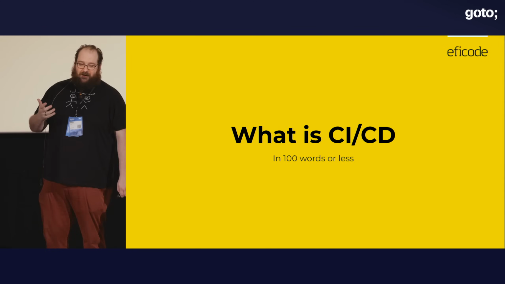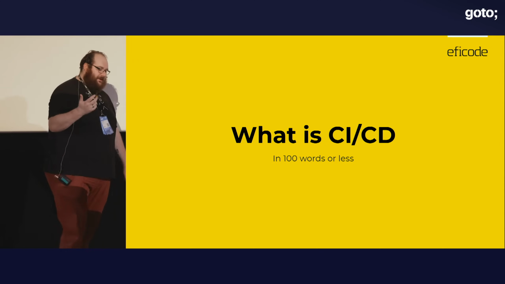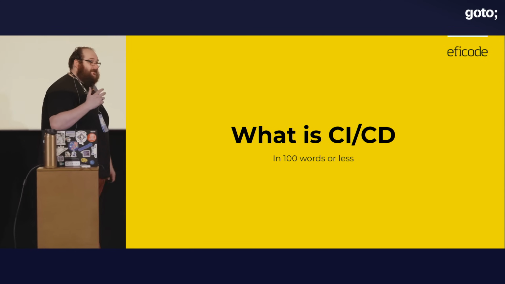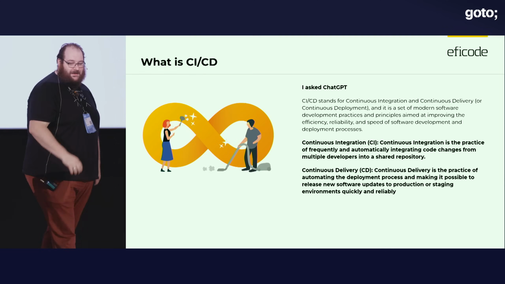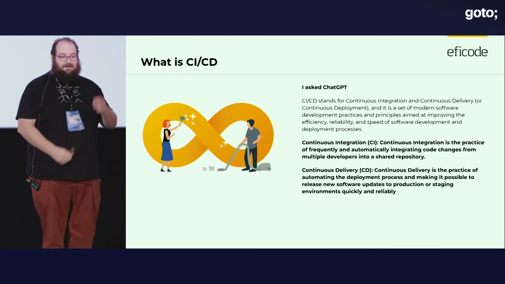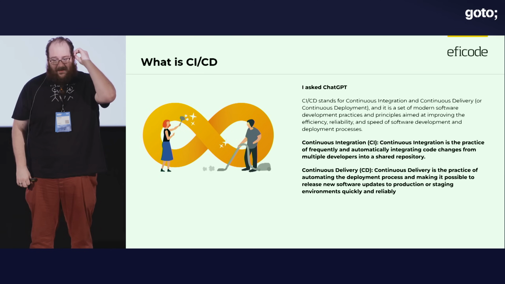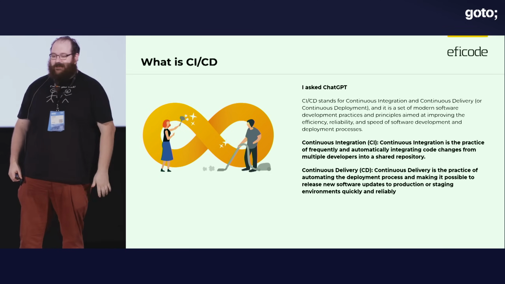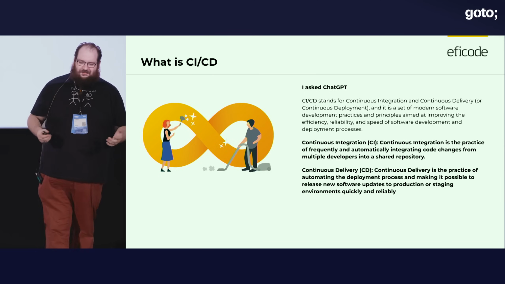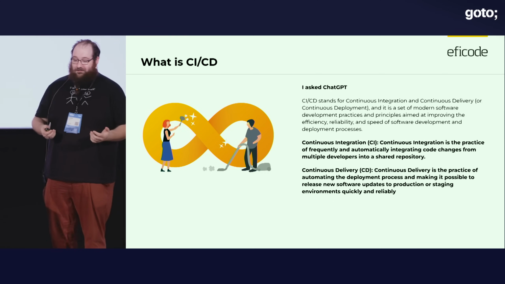But here is my summary of what CI/CD is in 100 words or less. And I say my summary, I actually mean ChatGPT's summary, because frankly, 80% of my job, at least the documentation tasks, have been replaced by ChatGPT, which has given me a lot of free time to actually work on the things I enjoy, which is nice.